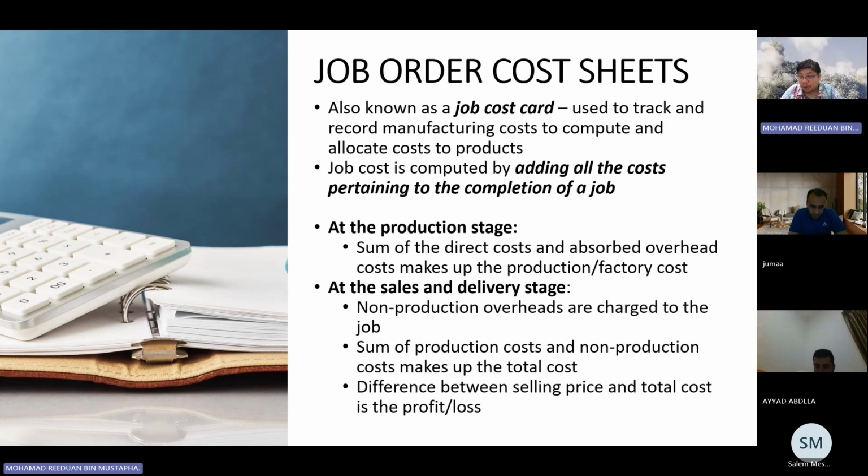Normally, we can absorb into different items, but for the job cost, it is actually anything related to this job that you can directly absorb. If you know that this is specifically used for this particular product, then you charge all the overhead, all the labor, as well as all the material.